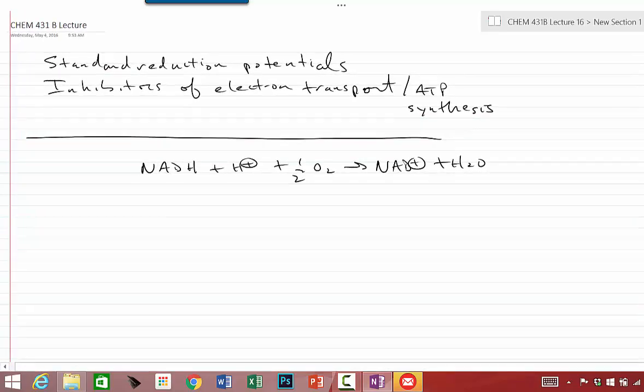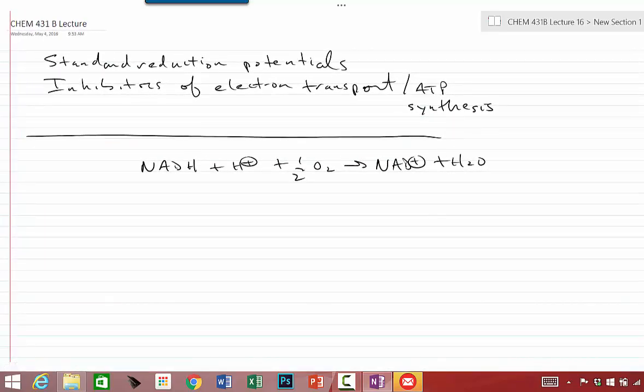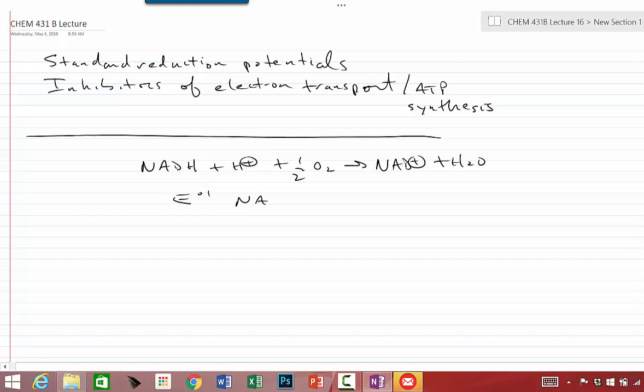And from the table that I gave you, the standard reduction potential for NAD+ is equal to minus 0.32 volts, and the standard reduction potential for oxygen is equal to plus 0.82 volts.